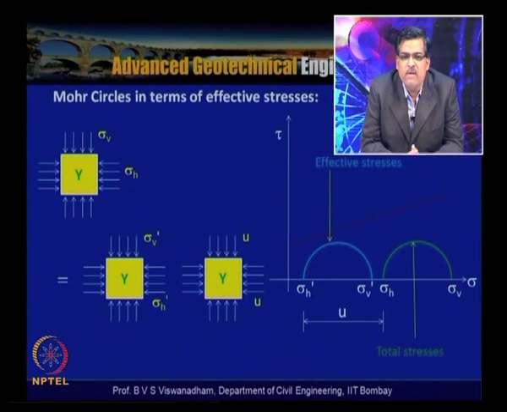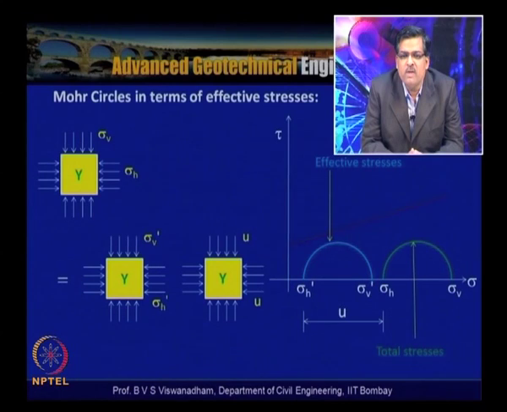So under total stress conditions, the strength parameters are the stress-independent parameter C and the stress-dependent parameter friction, called C and phi. If you are doing undrained tests, then it is called Cu and phi u, where the suffix u indicates undrained, and phi indicates the angle of internal friction or friction angle under undrained conditions.